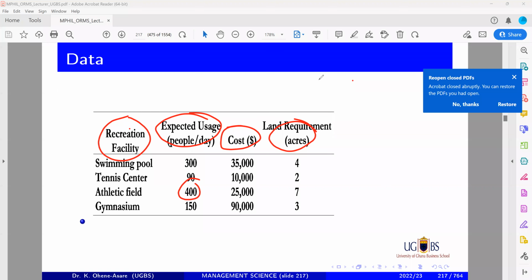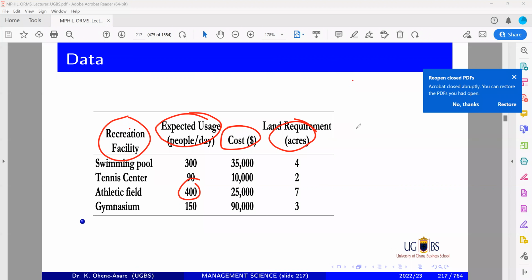Sir, from the diagram you showed, the land required to build the athletic field is 7 acres of land. And because we have a limit, you may not be able to have that many built. So when you do build the athletic field, it may restrict the number of the others that you can build.